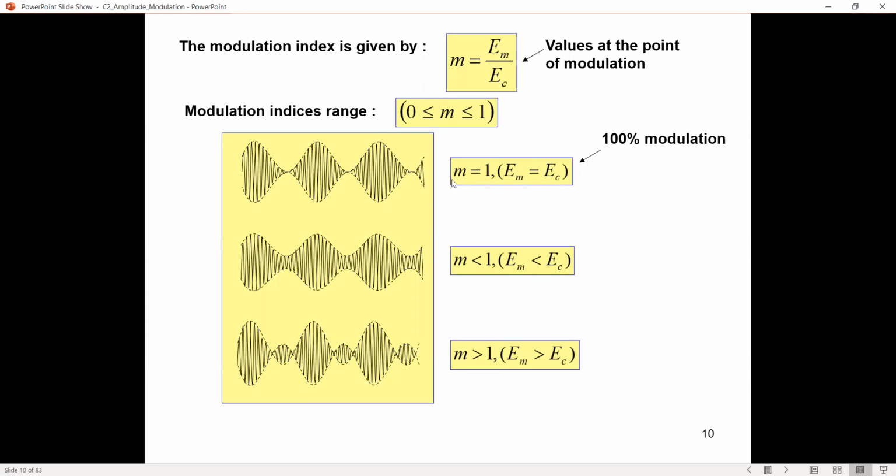This is how the waveform looks like. When M is smaller than 1, or EM less than EC, then this is how the waveform looks like. And M larger than 1, which is EM larger than EC, this is overmodulation. This is how it looks like.